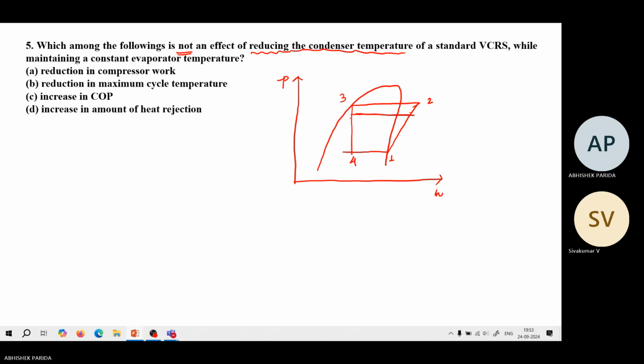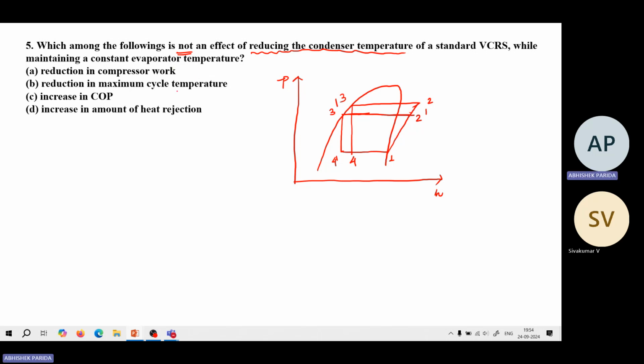But it has to reach here. So the updated one is 2 dash, 3 dash, 4 dash. Okay. Now you tell me, maintaining the constant evaporator temperature.